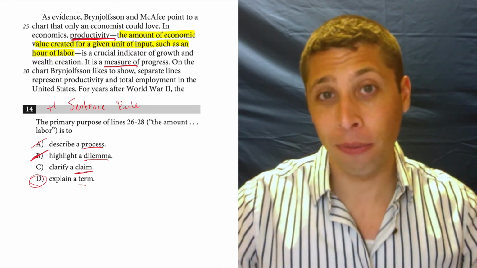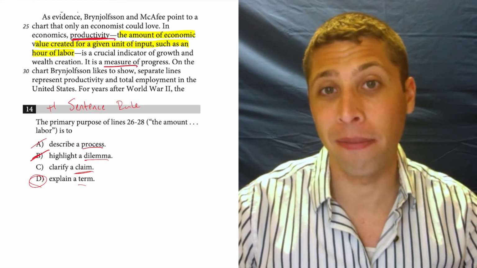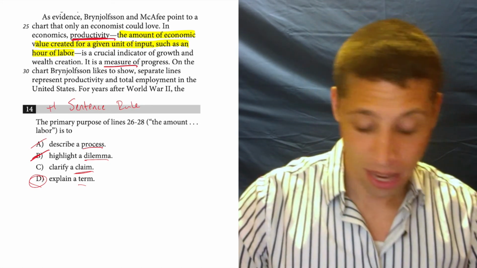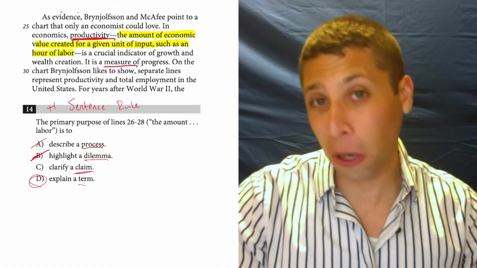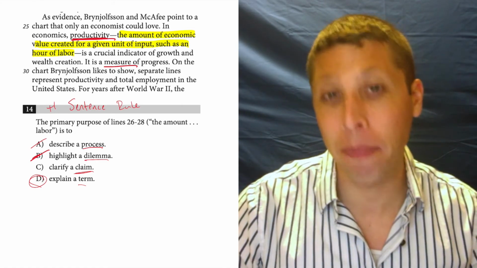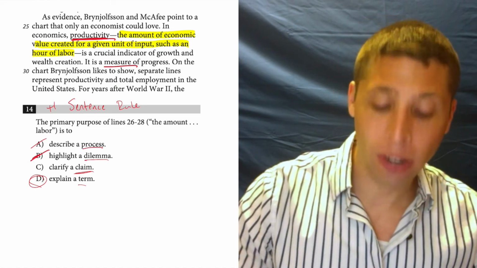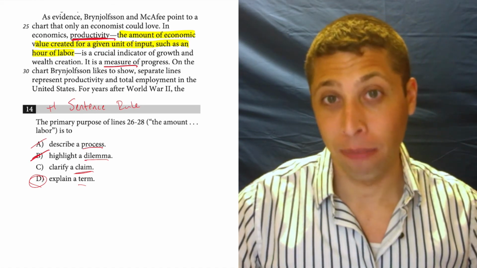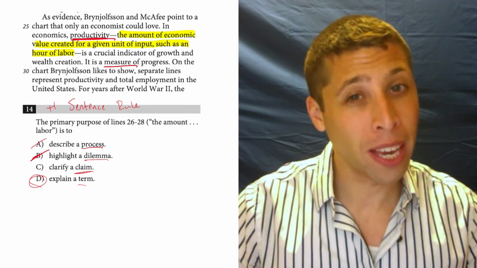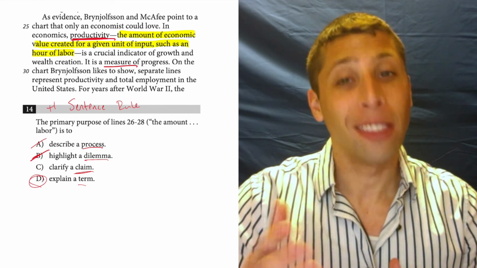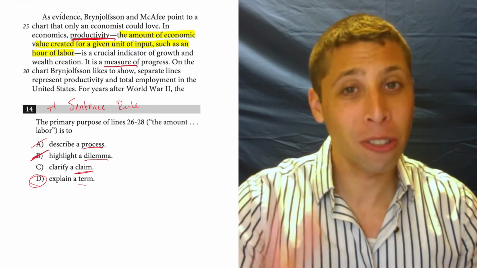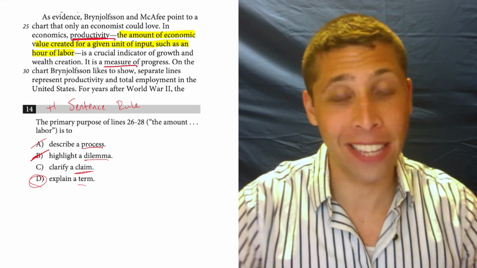That reveals something that we might not notice otherwise. In this case, I do think it's pretty clear it's a term, so hopefully you got that anyway, but there will be others like this that follow the same format where it does tend to blend together. Turn it into a question, and if you can't answer the question, trust your confusion. That's your brain telling you that the answer choice is probably wrong.